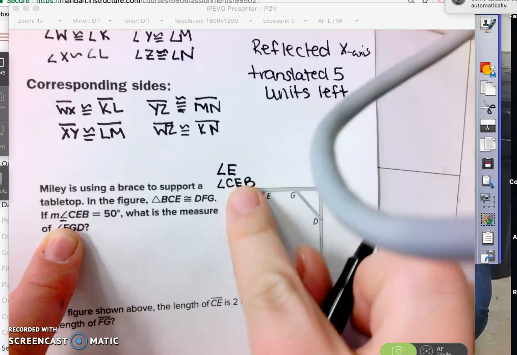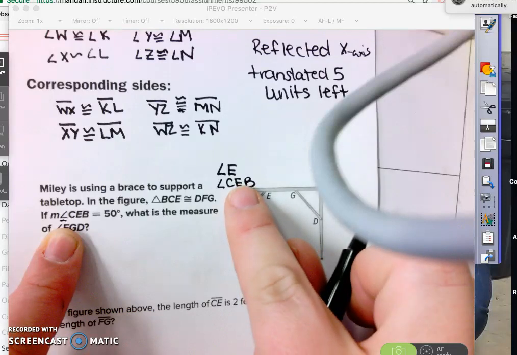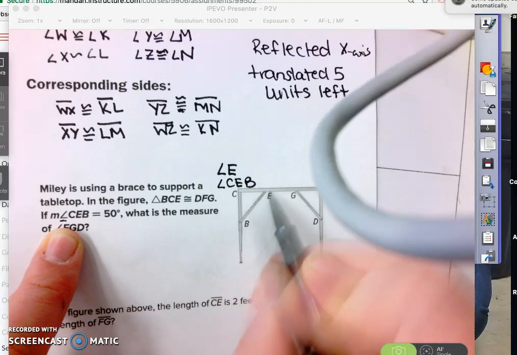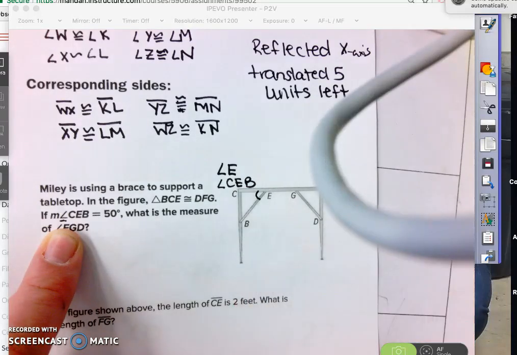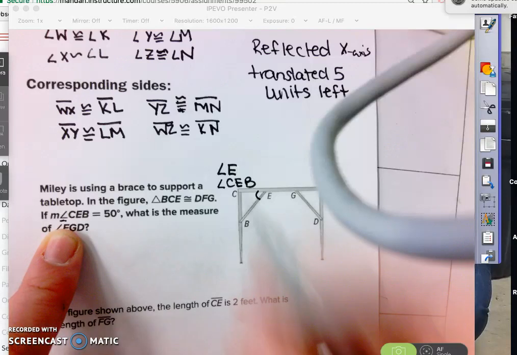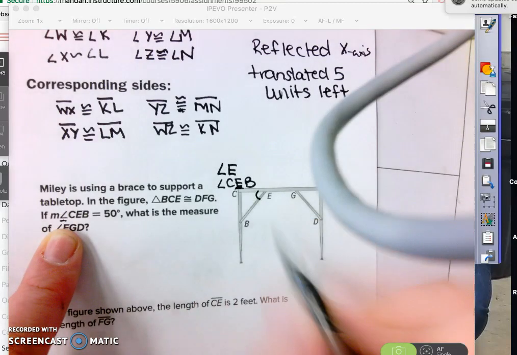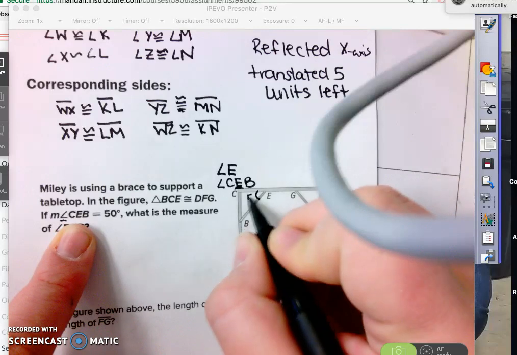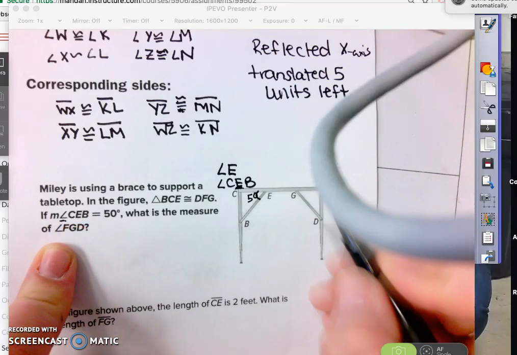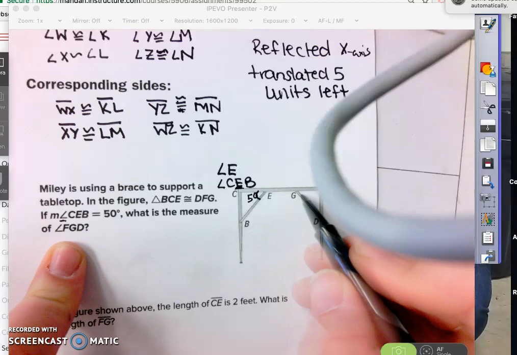It's always going to be the middle letter. So angle CEB is this angle right here. It's just naming all three letters where this is the actual angle. So angle CEB is 50. What is the measure of FGD?